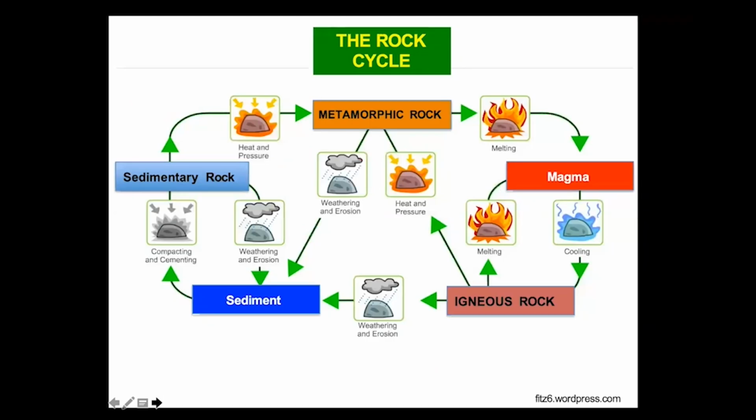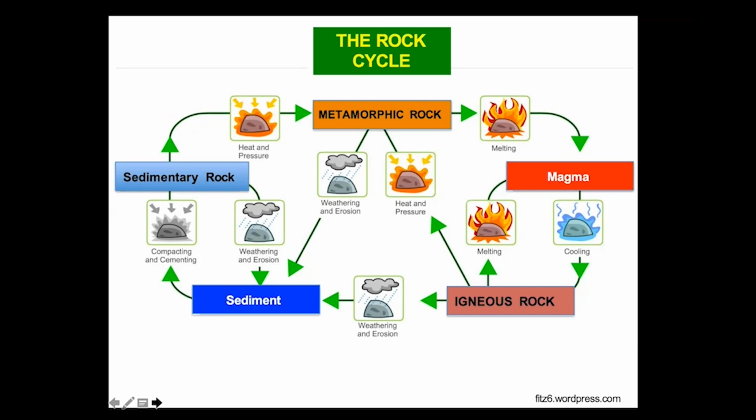The rock cycle here is shown in a somewhat simplified fashion; these can get as complicated as you want. We're going to start at the left-hand side with the sedimentary rocks. So we take sedimentary rock. If we were to heat and apply pressure to that rock, it'd be transformed to a metamorphic rock.